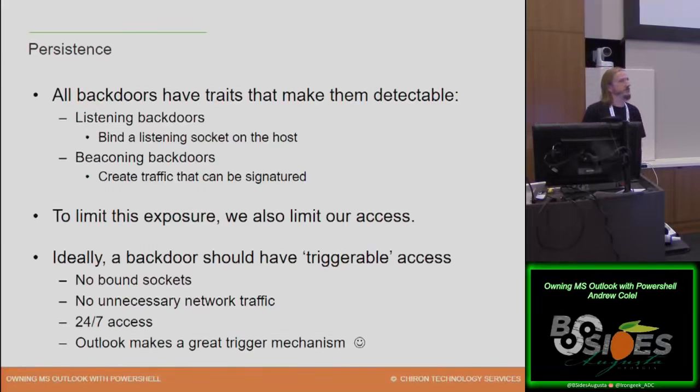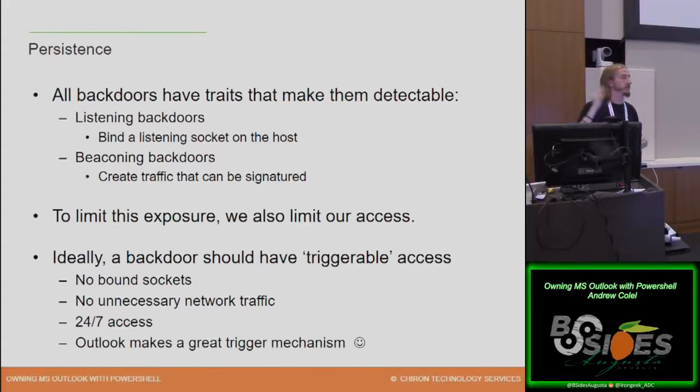Beacons are harder to find. That's definitely the preferred method. The issue that you might have there is even if you add some variance into your callbacks, eventually there's a good chance someone will have a fine-tuned IDS that's going to catch the traffic going on the wire. So the best of both worlds gives you a host that has triggerable access. You have something that's not necessarily holding a socket open or listening, but is waiting for some form of a trigger. A prime example of this is a port knock backdoor.